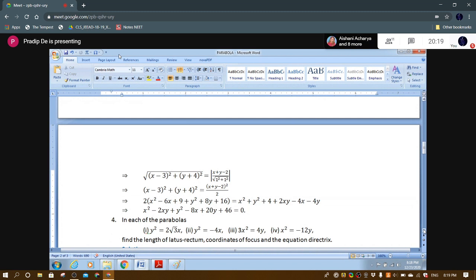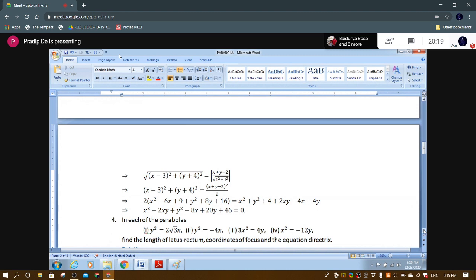So what is the value of a? Root 3 by 2. So where is the focus? Root 3 by 2, 0. What is the length of the latus rectum? 2 root 3. Good. And what is the equation of the directrix? X equal to minus 2 root 3. X equal to minus root 3 by 2. Very good.